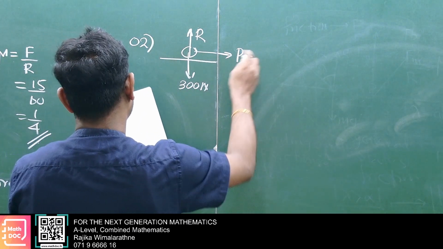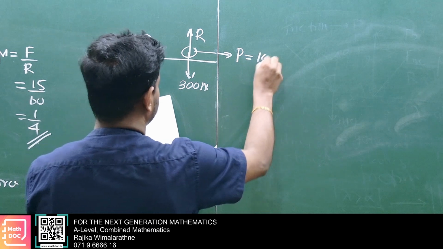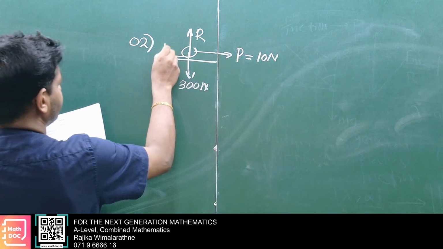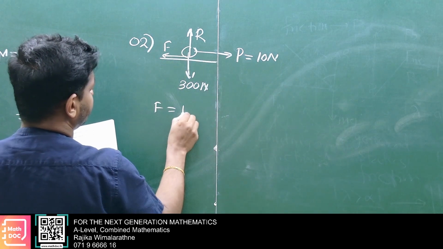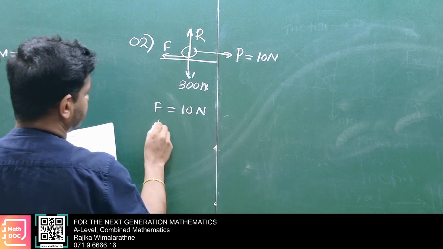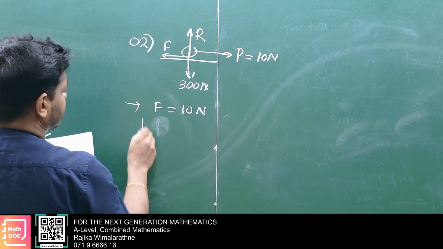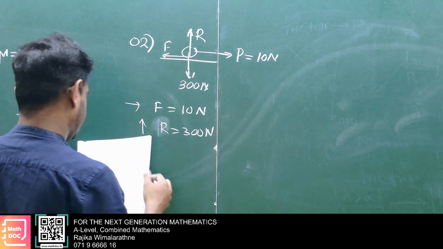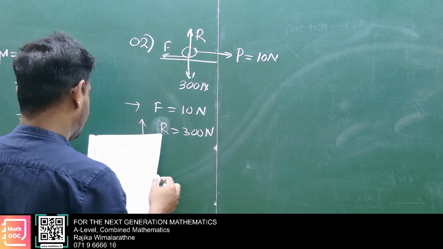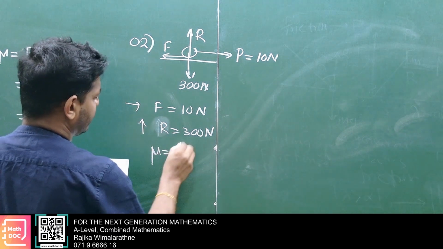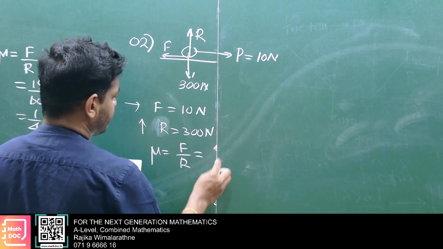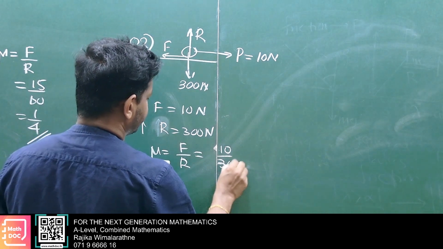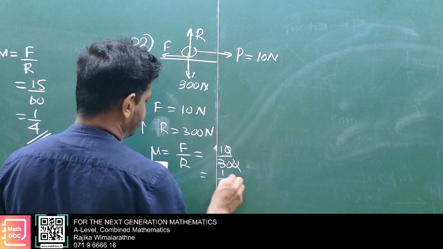Here P is just about to move when the force is 10 Newton, so friction F equals 10 Newton. When you consider vertical equilibrium, R equals 300 Newton. Find the coefficient of friction: mu equals F divided by R, 10 over 300, which is 1 over 30.